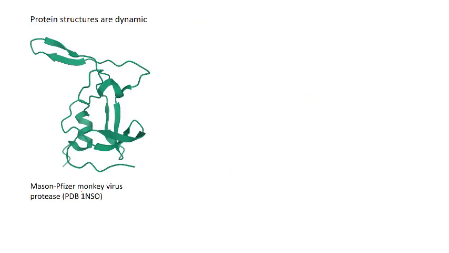So what I hope that slide got you to appreciate is the fact that protein structures are dynamic. Remember, weak intermolecular forces are what govern protein structure, forces that are much weaker than chemical bonds. And because weak forces govern protein structures, all of our structures are only weakly stable.